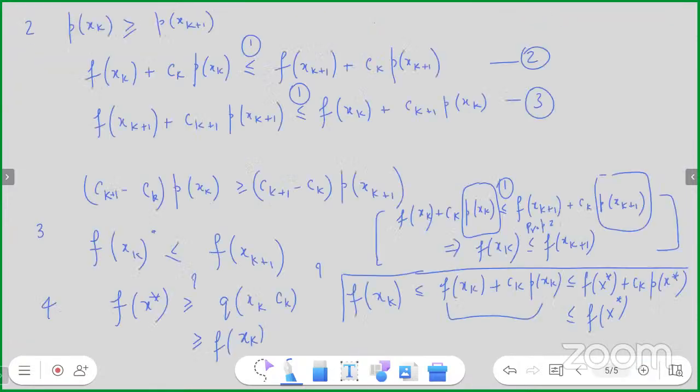Okay. So, proof. Let x bar be the limit point of x_k.